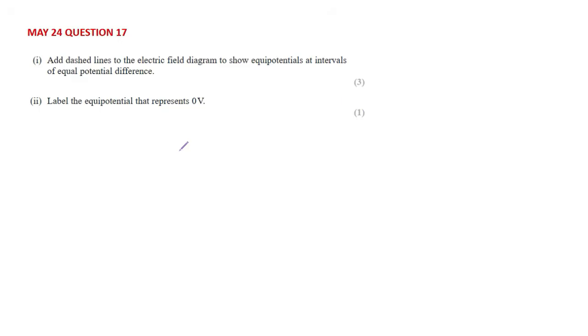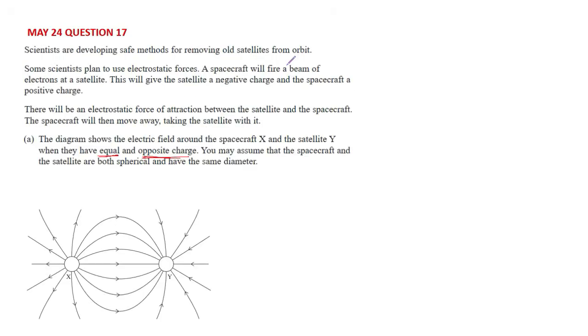Add dashed lines to the electric field to show the equipotentials at intervals of equal potential difference. Right. So for part 1, they ask you to draw lines of equipotential. Always remember, equipotential lines are always perpendicular to the field lines. So the lines that you see in the electric dipole are the field lines. The equipotential lines must be perpendicular.